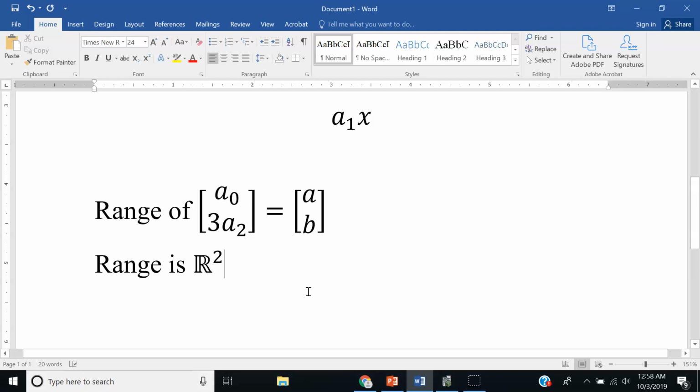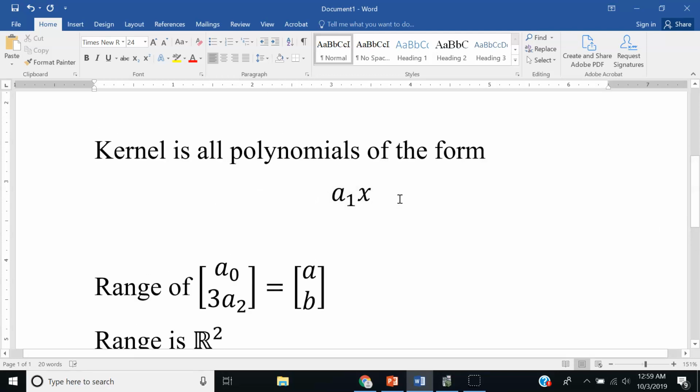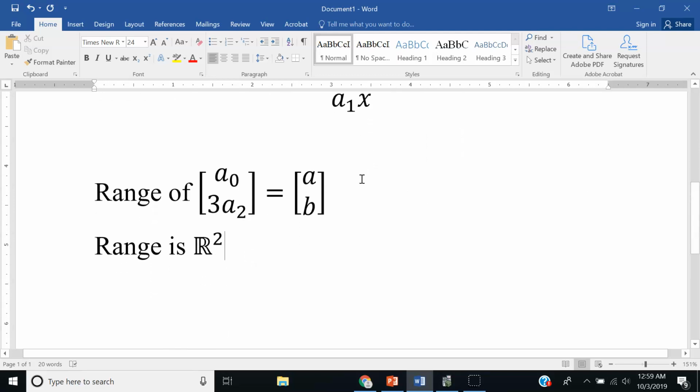You can write that in a number of different ways. Okay? So the kernel is all polynomials that look like this. The range is all vectors that look like this.